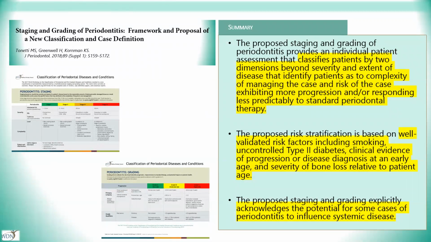And severity of bone loss relative to the patient's age is taken into account when we use these charts. And what does the summary of this paper talk about? It talks about how the new staging and grading explicitly acknowledges the potential for some of these cases of periodontitis to influence systemic disease. So this is a great new horizon for us, and we want to start working with this in the practice.